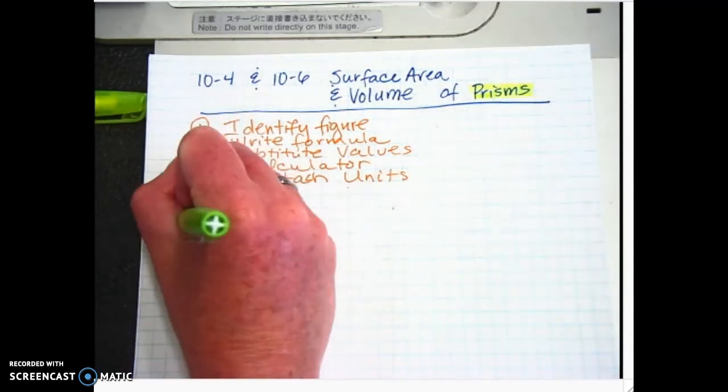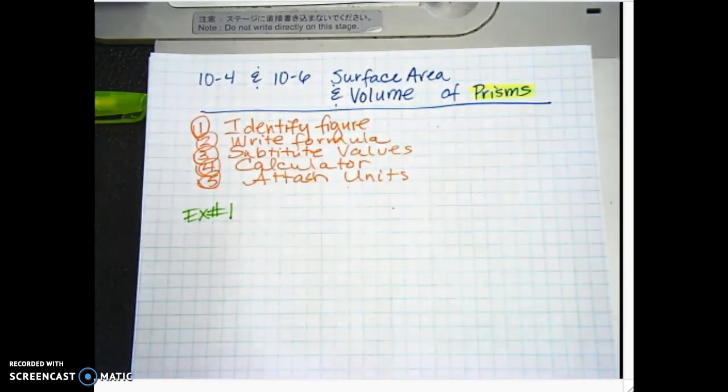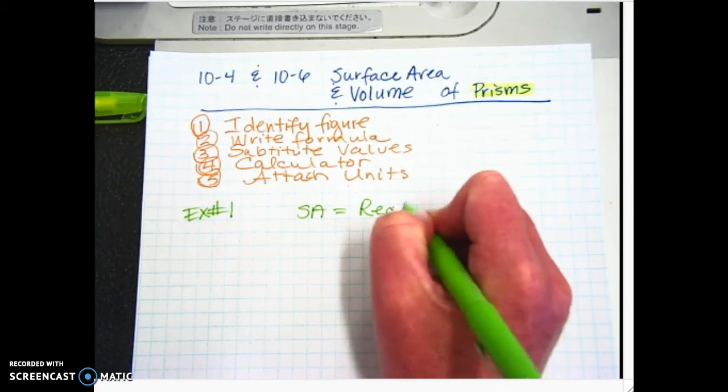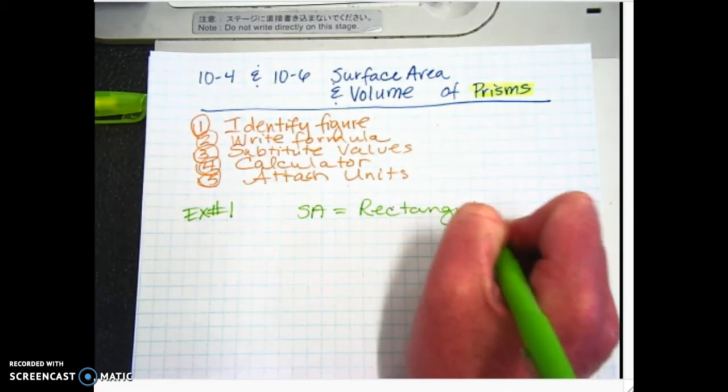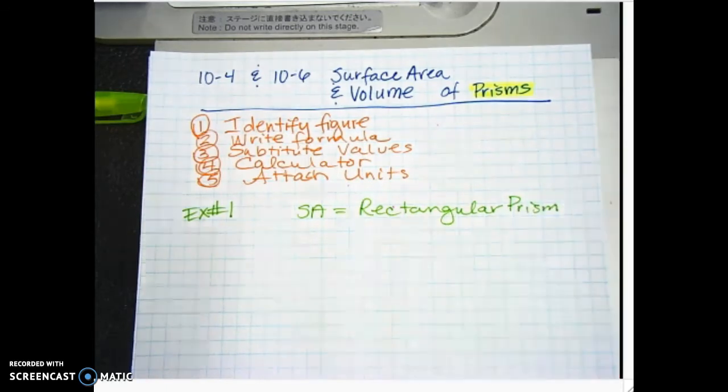So for example, number 1, we're going to find the surface area of a rectangular prism. And we're going to draw it.